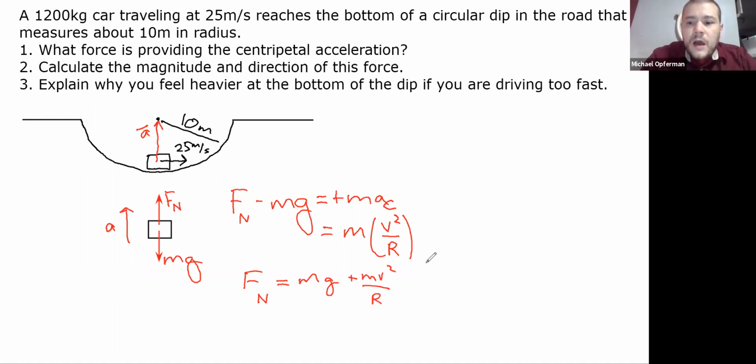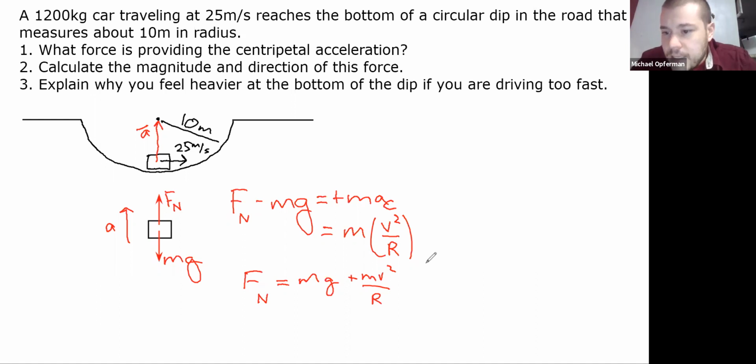Now, I should probably go back and look at what the questions are that are being asked here. I've organized my thoughts about the problem. I've practically solved the problem. So what was I actually being asked to do? Question number 1, what force is providing the centripetal acceleration? Well, look, the centripetal acceleration is pointing upwards.